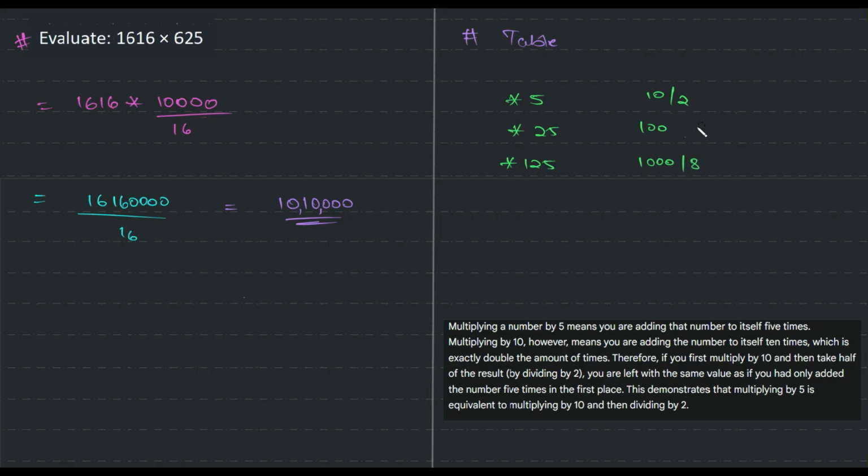Can you see a pattern here as well? Whenever you get 625, it is to do with 10,000 by 16. Can you see this pattern? As we increase the number by 5 times, the numerator increases by tens, from 10, 100, and the denominator increases by 2s: 2, 4, 8, 16. Can you see that?